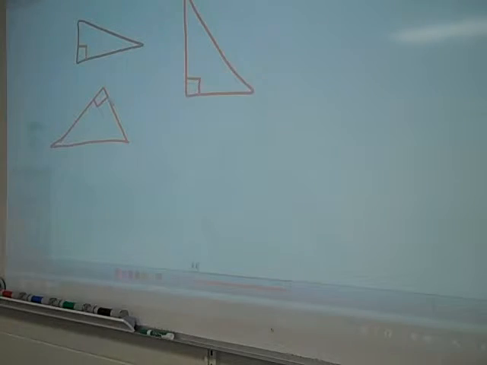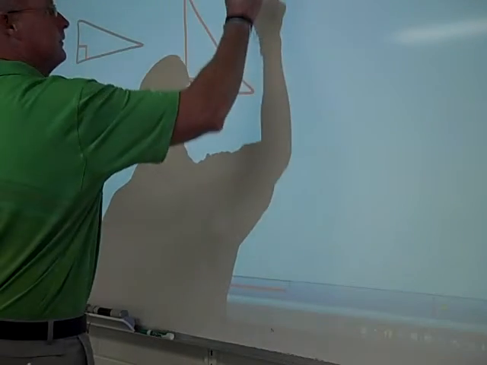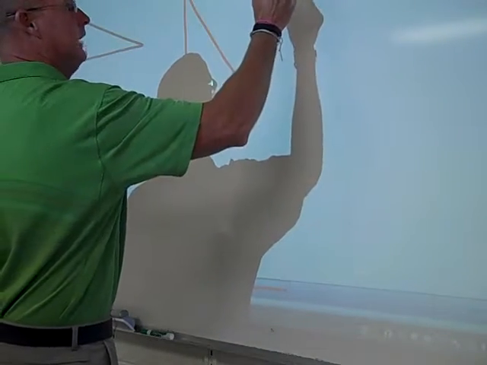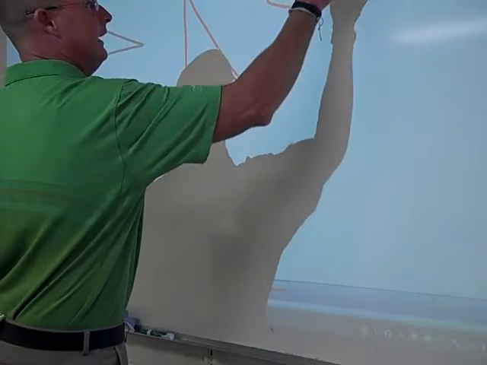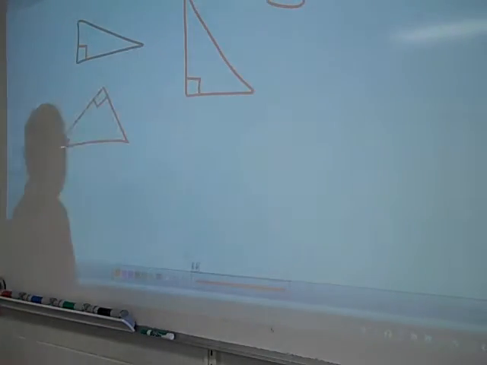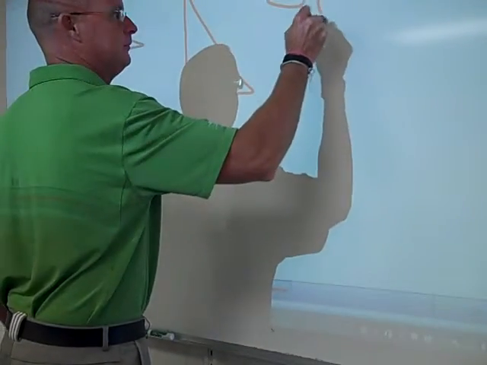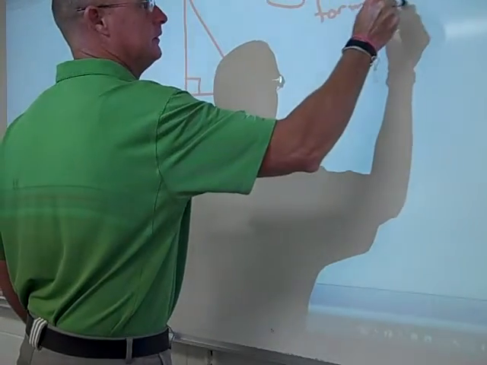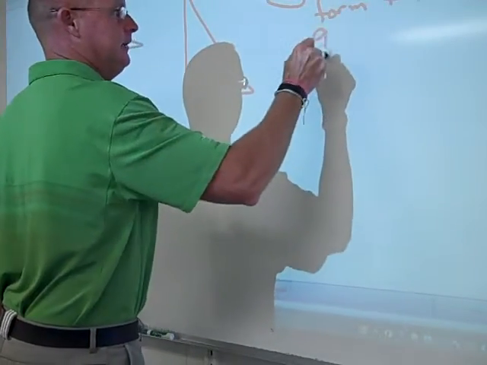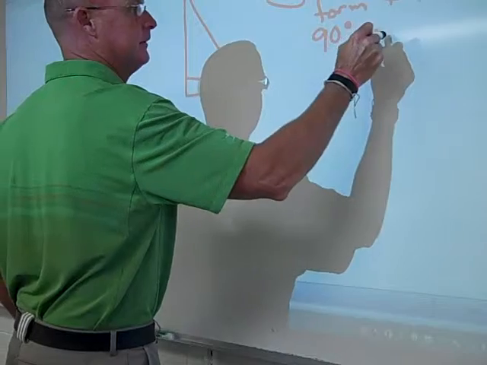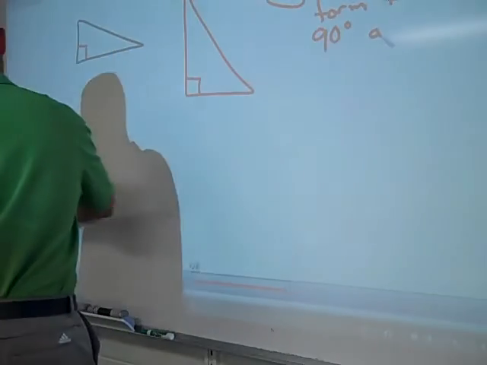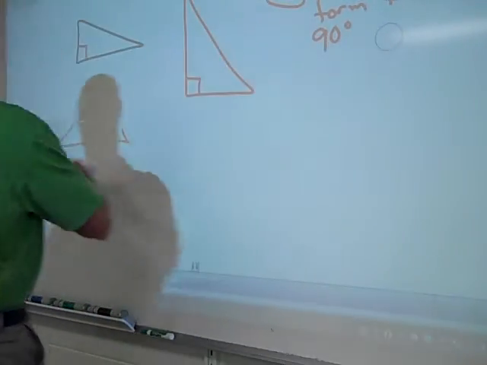There is some vocabulary that you need to know. Leg or legs: those are the sides that create the right angle. The legs form the 90-degree angle.